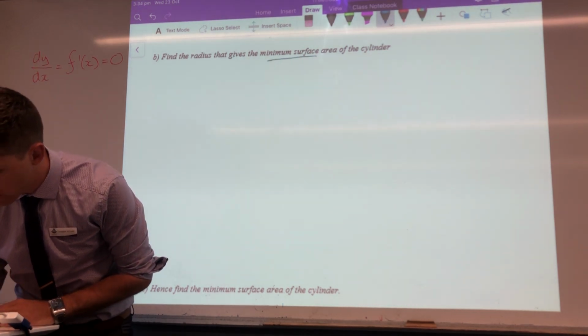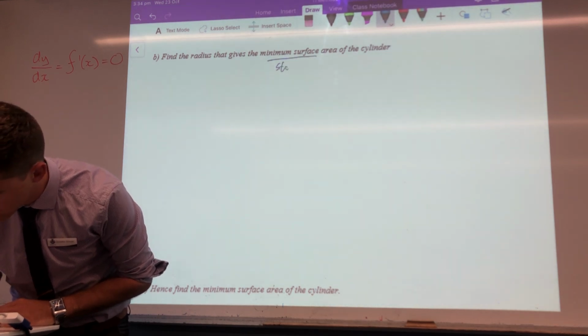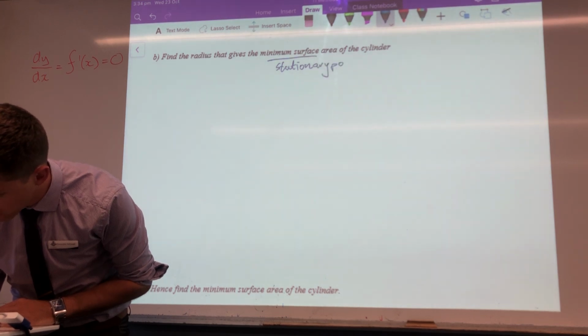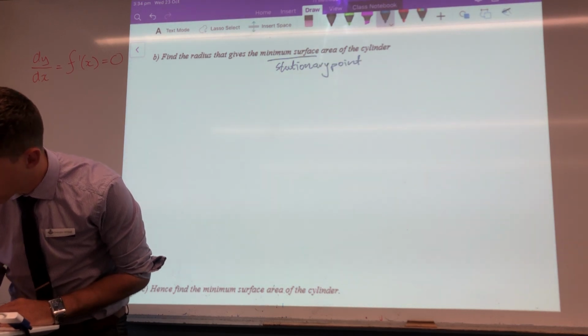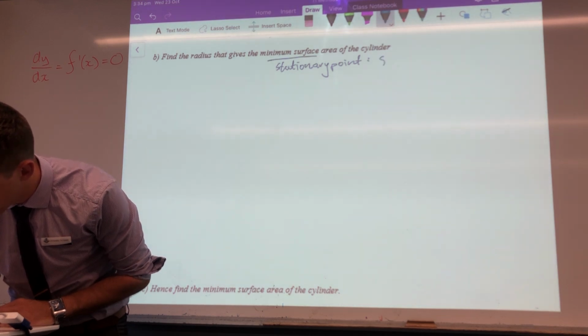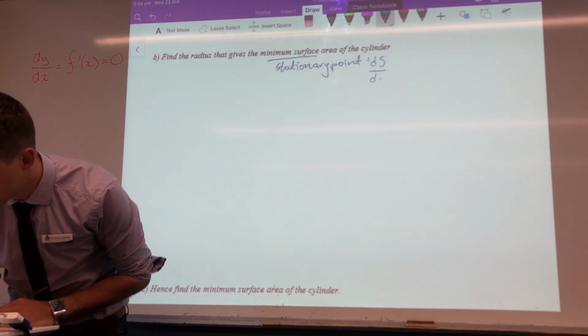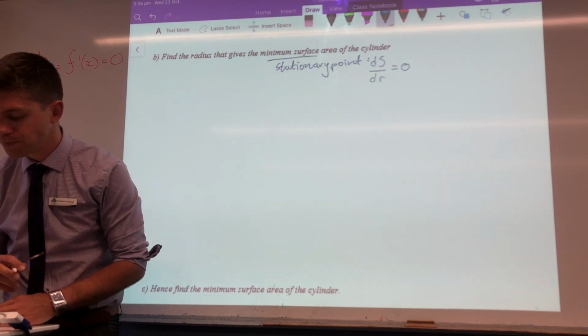So minimum surface area is referring to a stationary point, or a point where surface area, or dS, what units have we got? Radius, so dS dr is equal to 0.